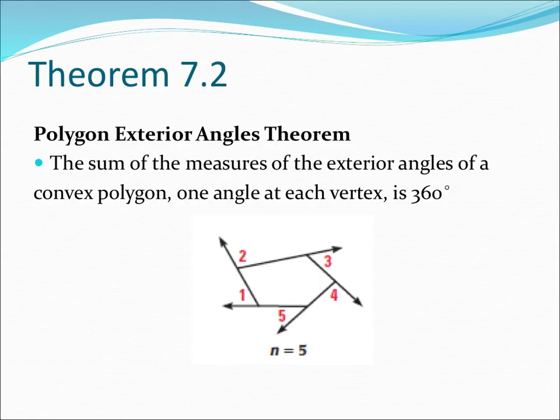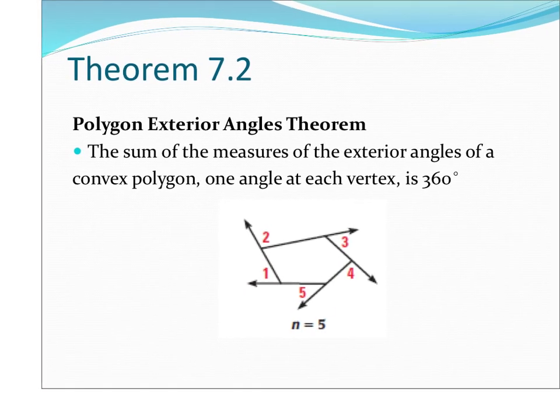Next one, Polygon Exterior Angles Theorem. This states that the sum of the measures of the exterior angles of a convex polygon, one at each vertex, is 360. So no special formula here, no n minus 2 times 180. Every single polygon, the exterior angles always add up to be 360.